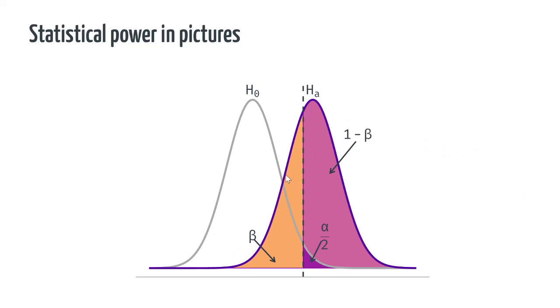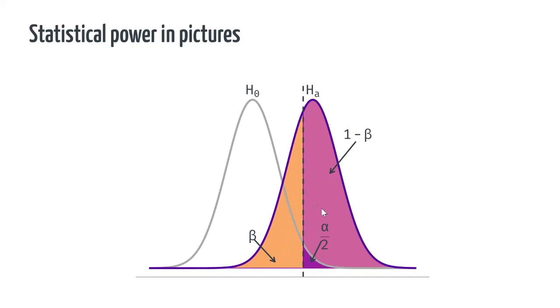So again, remember that our estimate is coming in its true value from this alternative distribution. However, because it's around here, for instance, we can't really distinguish it from coming from a null distribution, so we can't reject the null. So this will be my type 2 error in this case.